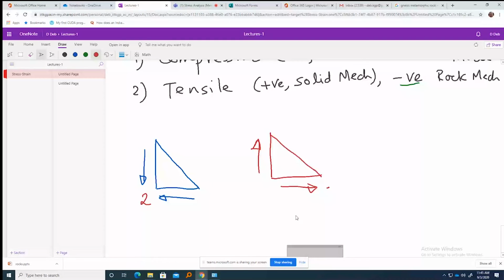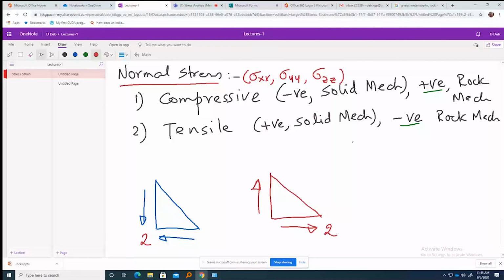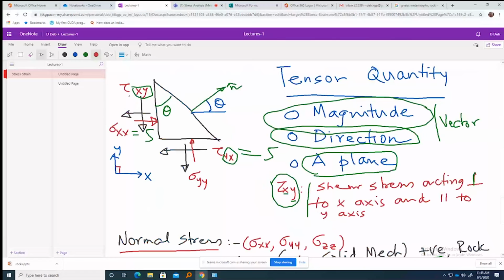And by the way, I forgot to tell you, the tau yx magnitude will be same as tau xy. Otherwise this particular point will be rotating, and we hardly see anywhere any ground is rotating. So that means these two shear stresses are same.